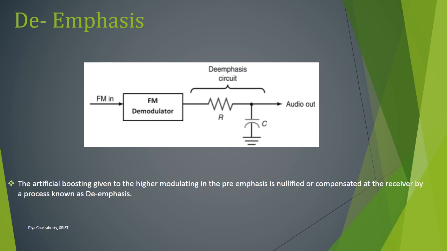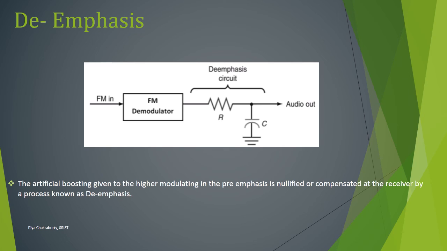So, the pre-emphasis is nullified or compensated at the receiver by de-emphasis. The artificially boosted high frequency signals are brought to their original amplitude using the de-emphasis circuit.